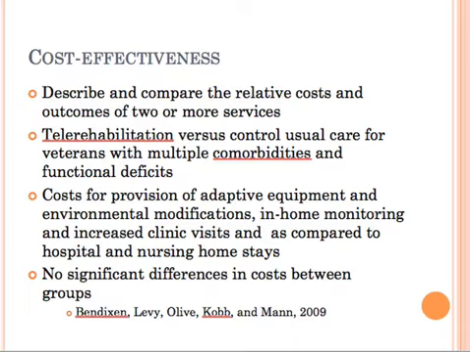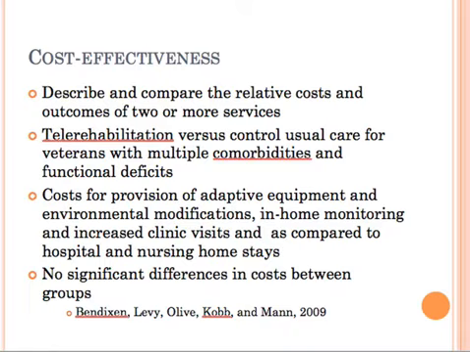And in the Bendixen, Levy, Olive, Cobb, and Mann study in 2009, telerehabilitation was compared to the control group for usual care, and this was for veterans with multiple comorbidities and functional deficits. So these were veterans who had many health problems and functional deficits, and the study looked to see if telerehabilitation had different outcomes and different costs from usual care.